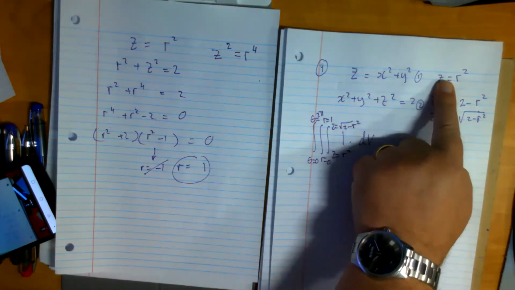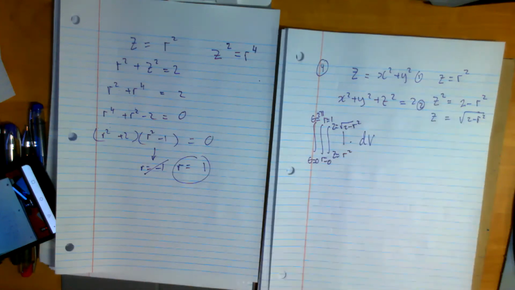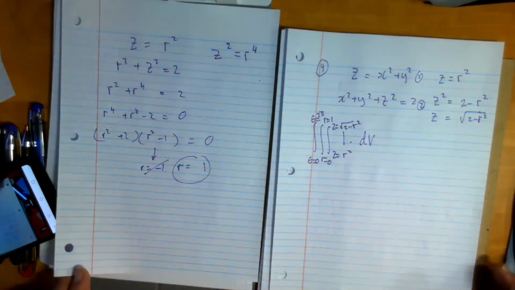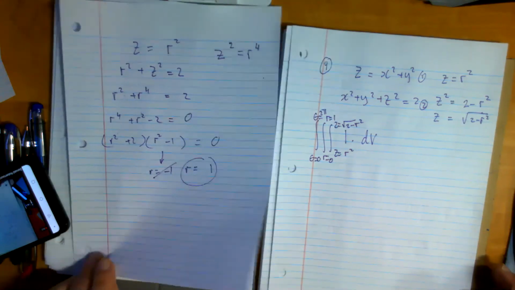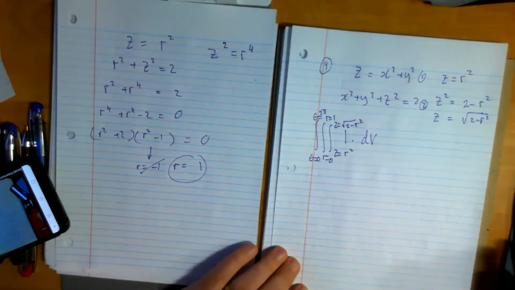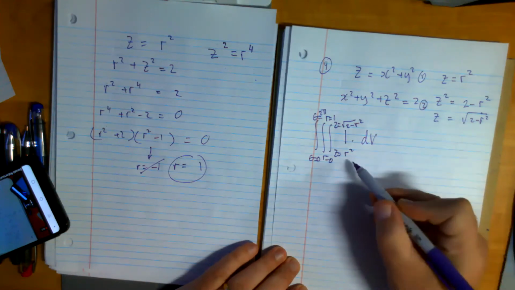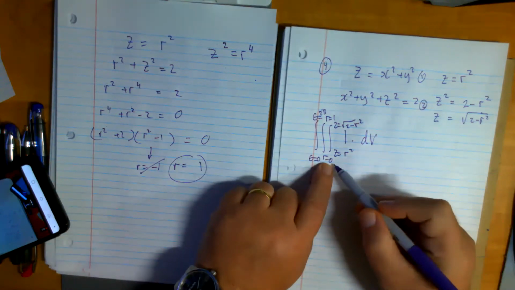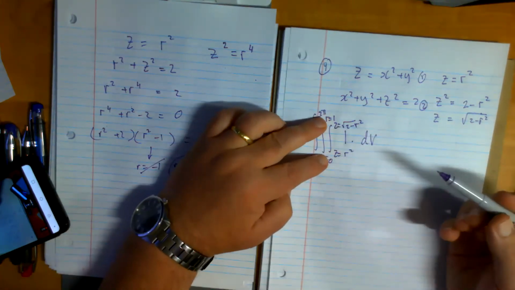That guy is z equals r squared. This guy is that. And why did I pick it that way? Well, I've got an answer in front of me here, but if I got it wrong, the volume would be negative anyway, so it would be too difficult to figure out what it was. I could do it by numbers. If I plug in a number somewhere between 0 and 1, this is a numerical way of deciding.